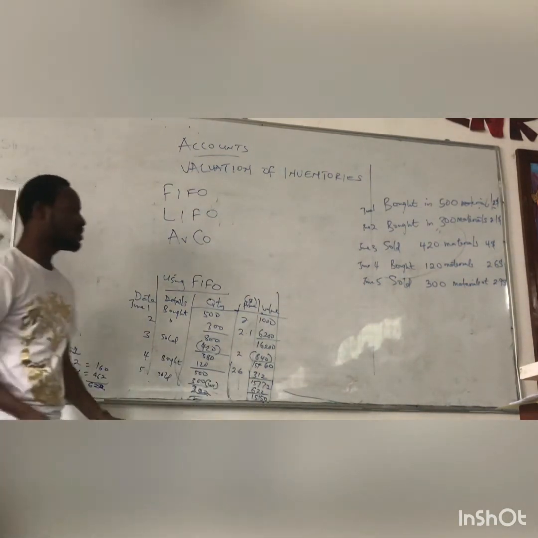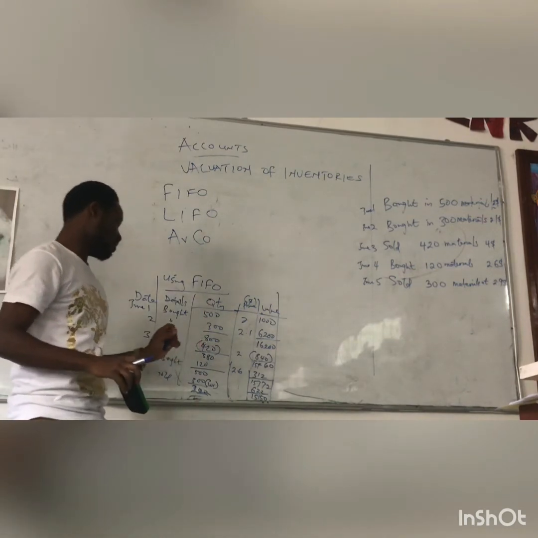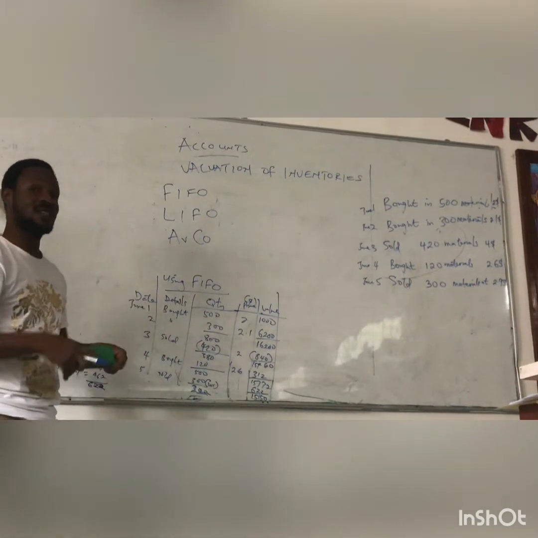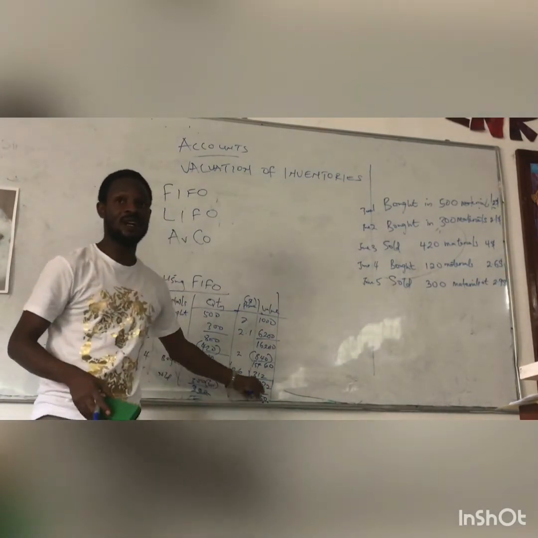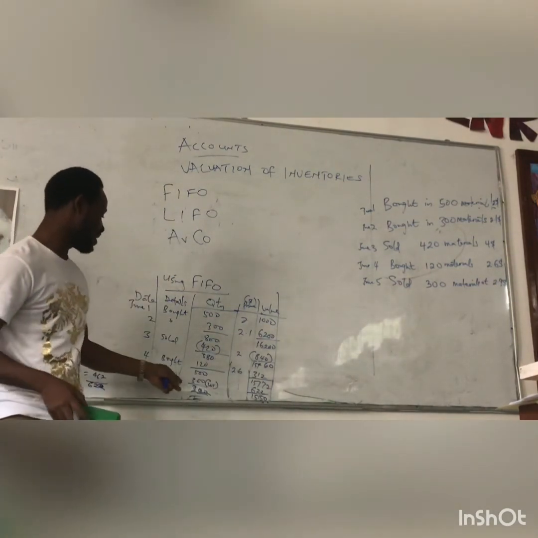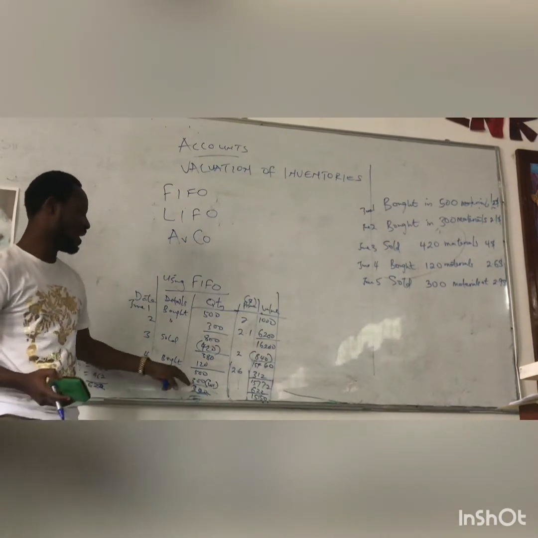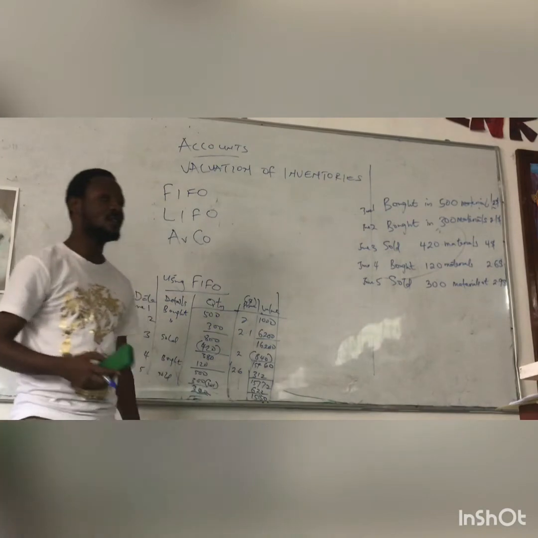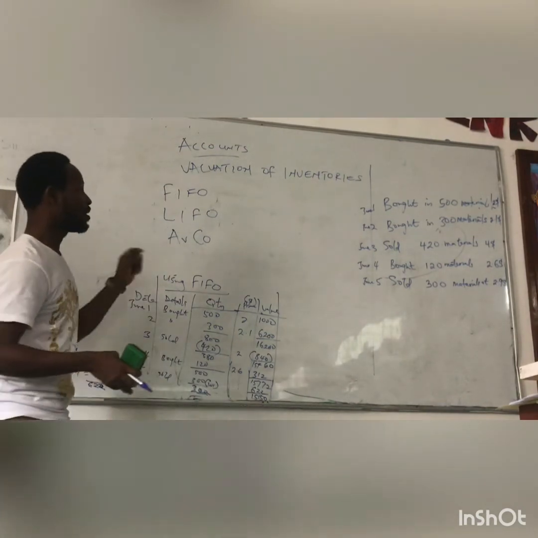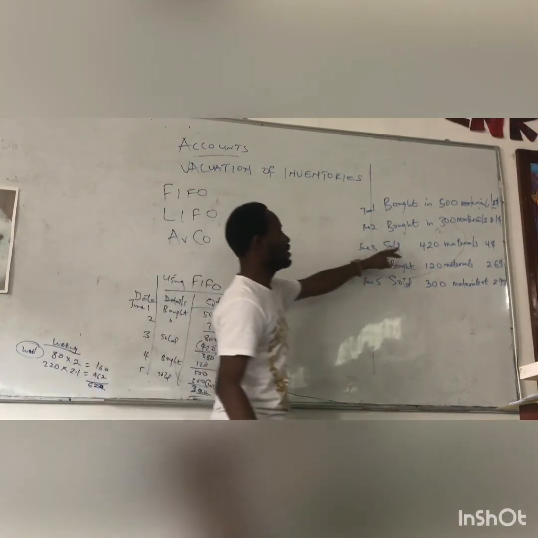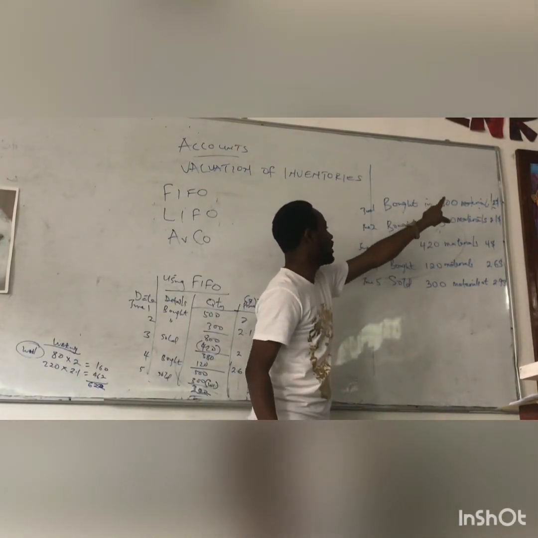Now that means using first in, first out, the value of inventories at the end of the period is 15,150. The units of goods left is 200 units and the value is 15,150. For the cost of goods sold, here the cost is 420 times $2.